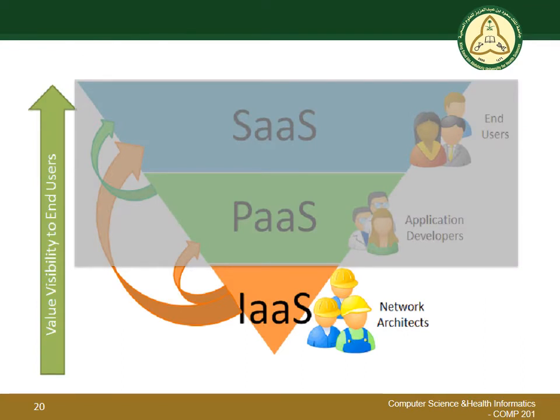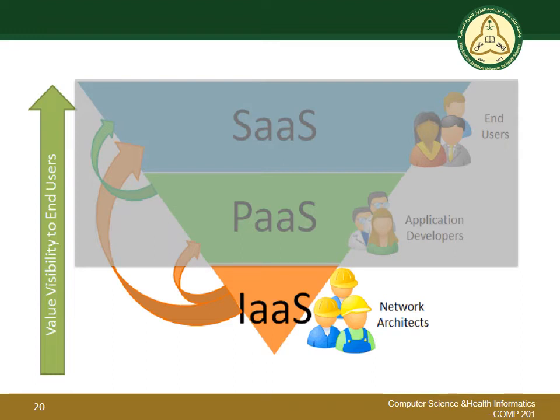Now, for infrastructure as a service, in terms of value visibility to the end user, it is for the network architects. Network architects and infrastructure teams benefit from services such as infrastructure as a service. So, for example, you could hire a network architect or a system admin to maintain a server.